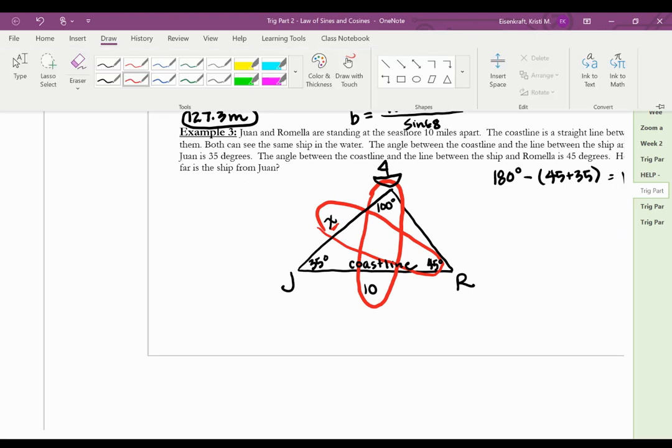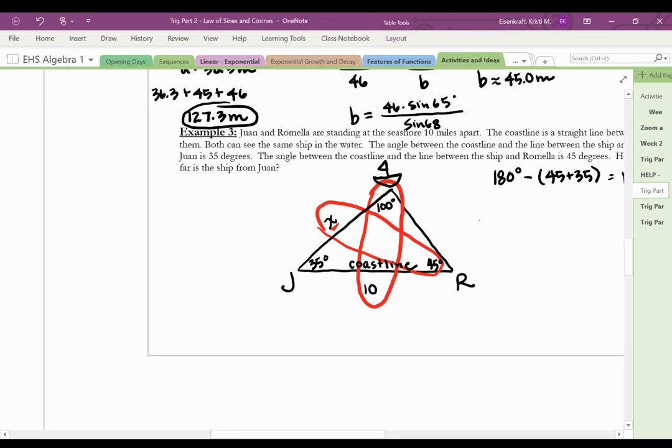So the sine of 45 over x, this time I'm using my unknown first, which is okay. With proportions, it doesn't matter which way you write them. Sine of 100 degrees over 10.